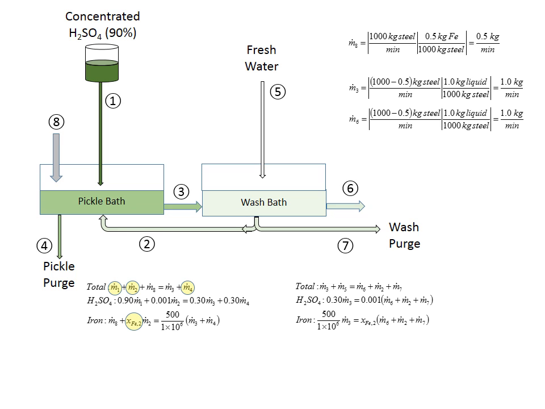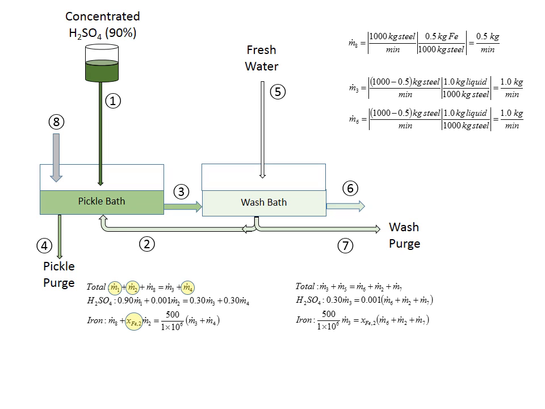Again, a total balance. We look at the streams entering, which will be streams 3 and stream 5. So a total balance would be m.3 plus m.5. And leaving our wash bath, we have m.6, m.7, and m.2. We can do sulfuric acid balance.